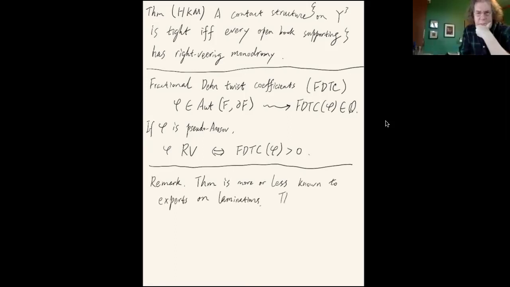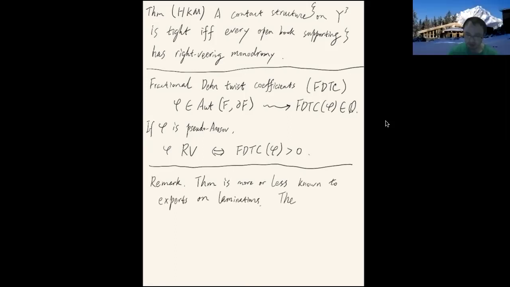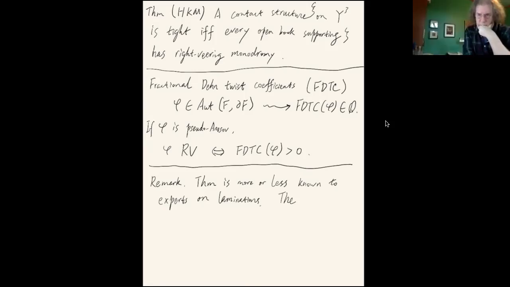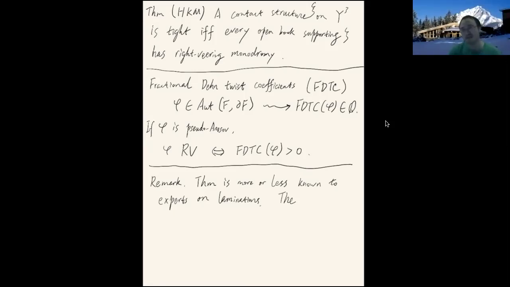When you say it's well known, do you mean part 2 is well known or part 1 as well? I think both parts are, I mean, you cannot find an explicit statement. I guess at least the reducible part is probably better known. But it's harder to really find an explicit statement in the literature.